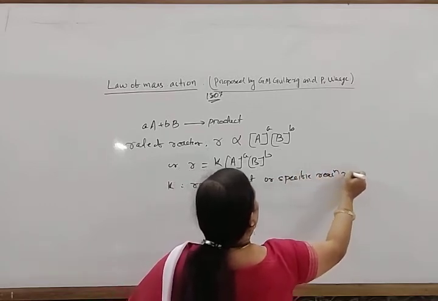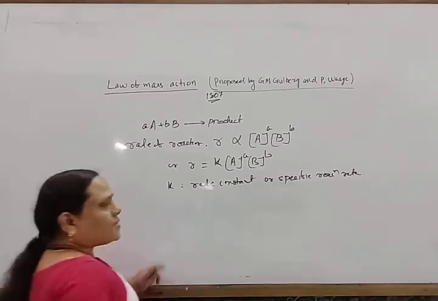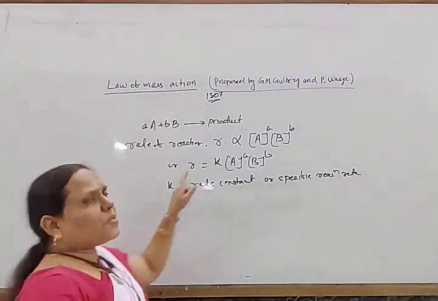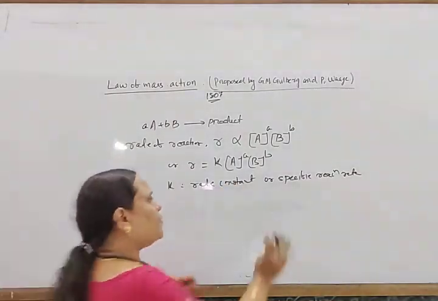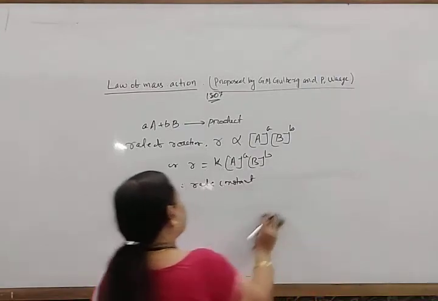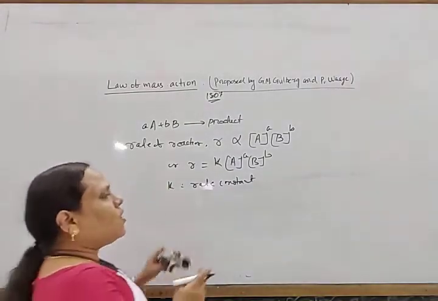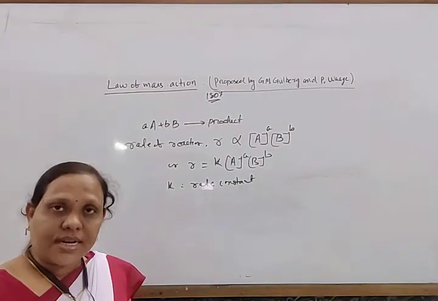This is the proportionality constant. Just remember this is known as the rate constant, also known as the proportionality constant.